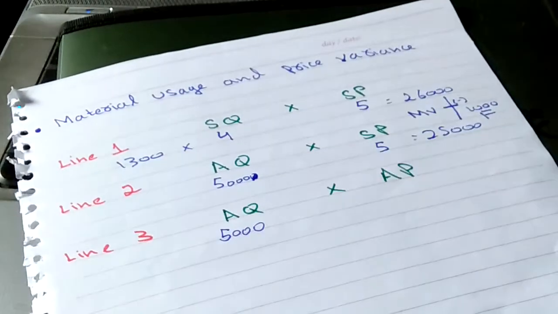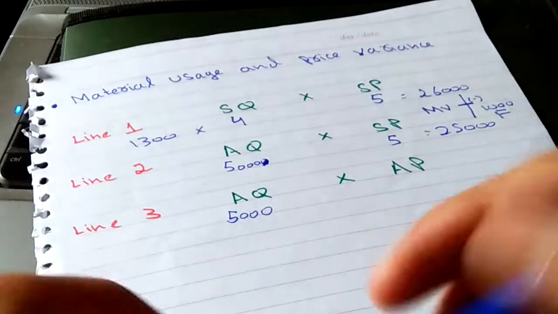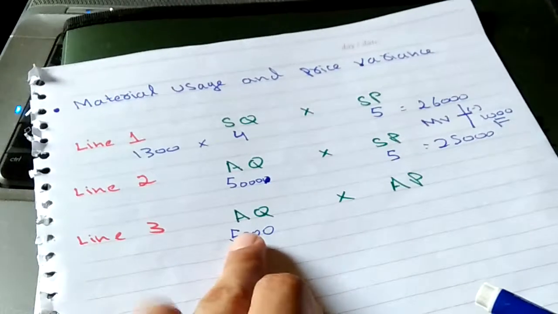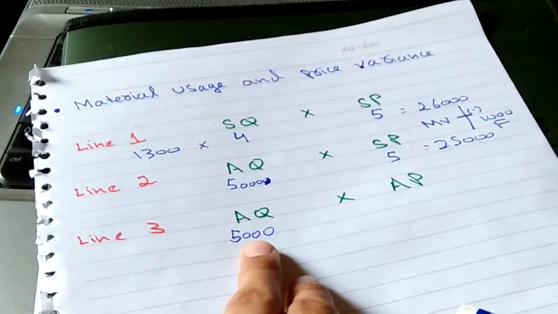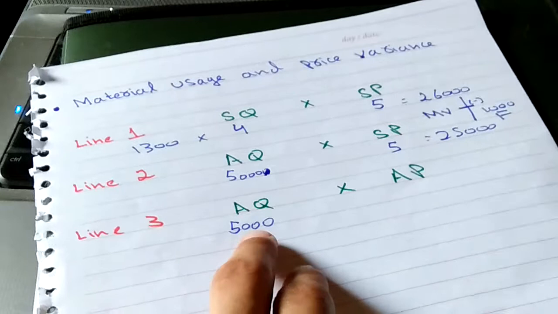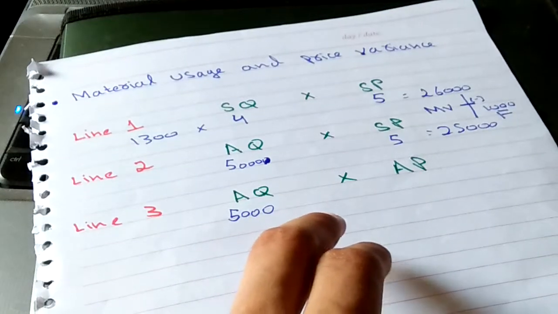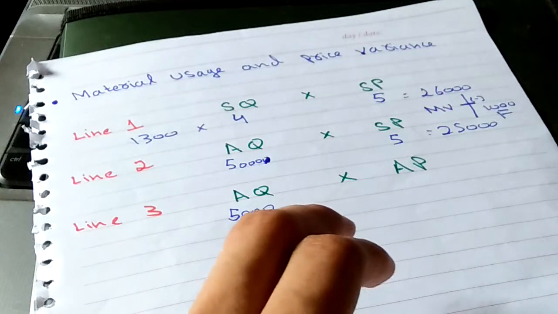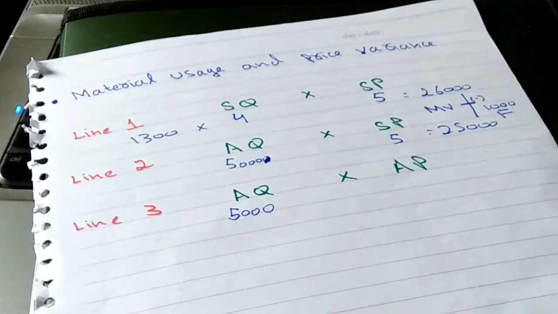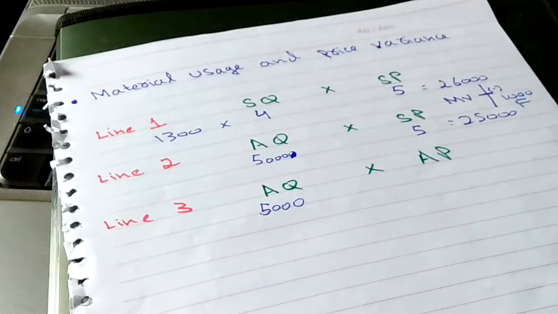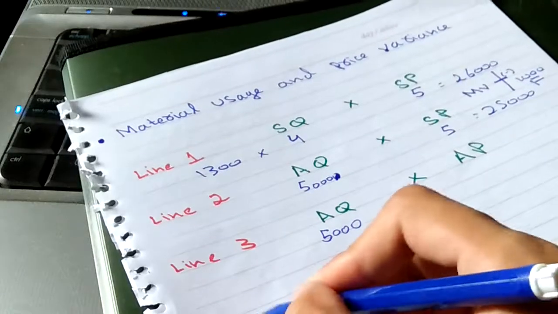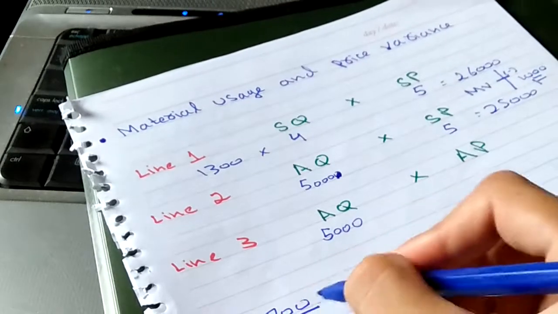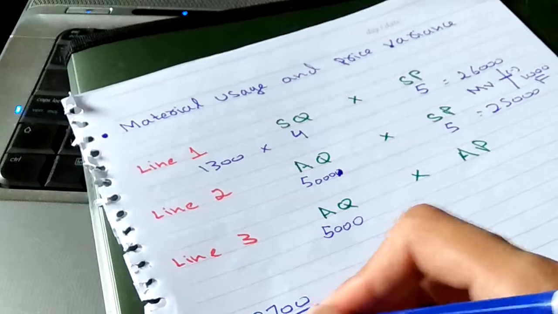And now we are going to find out the price variance. Here you can see that we have written down the actual quantity, which is 5,000, and instead of the given cost per unit, we have been given the total cost, which is 22,700. So we are going to divide 22,700 by 5,000.